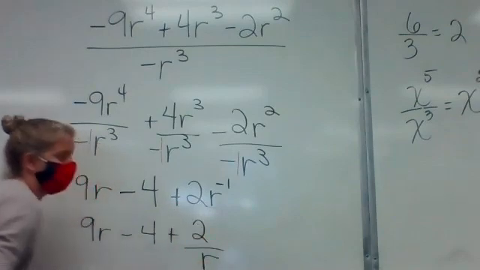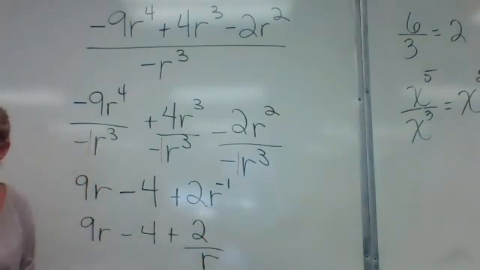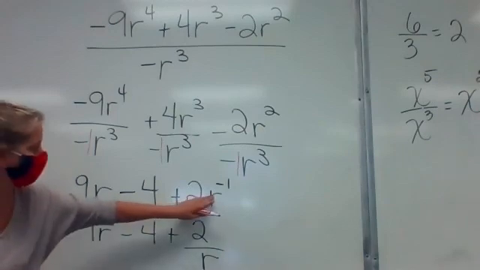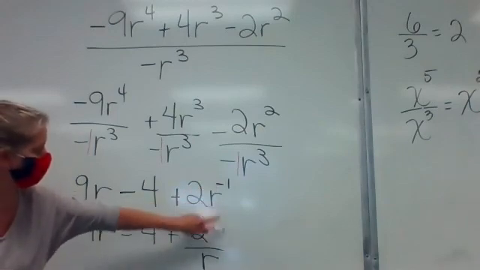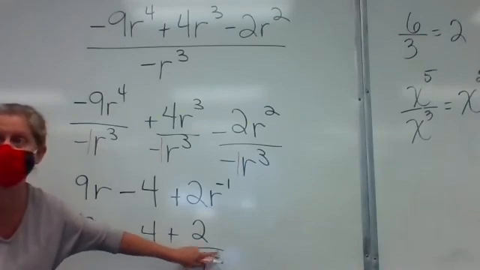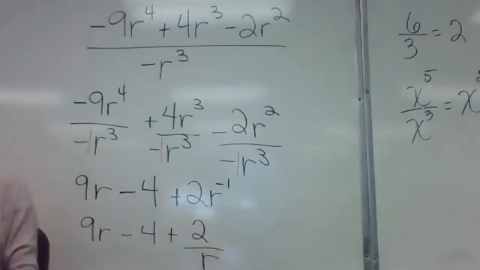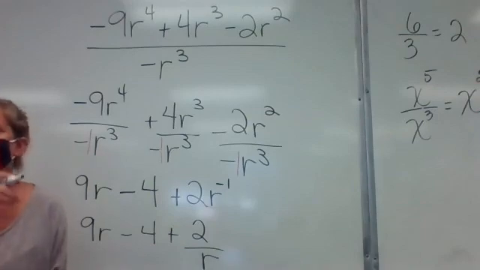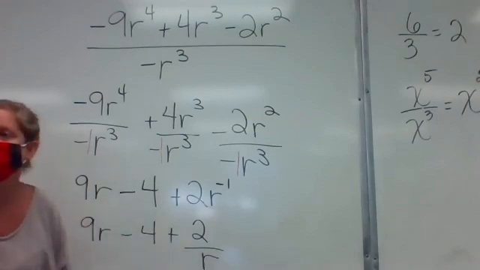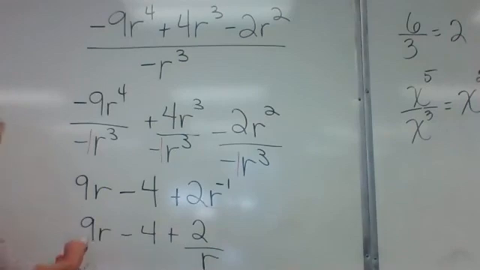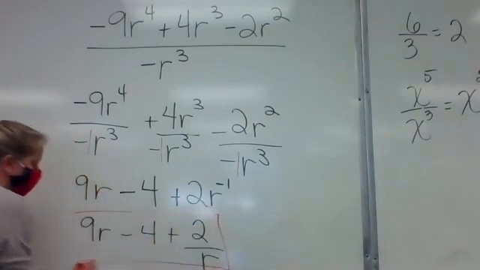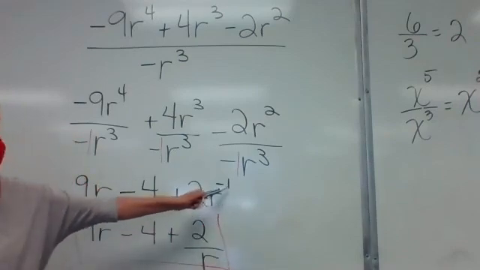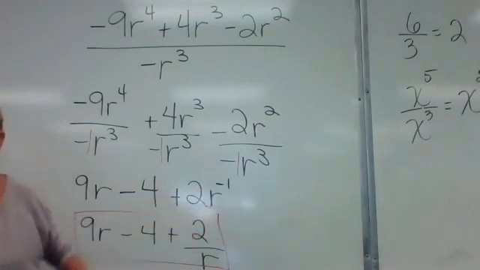I need to put the R in the bottom, right? That's what fixes it. Putting the R in the bottom of the fraction turns its exponent to positive 1, which means I don't even have to write its exponent, right? Because R to the first power is the same thing as just saying R. So that's your final answer on that one. So you just have to fix that negative exponent at the end by moving the R to the bottom.